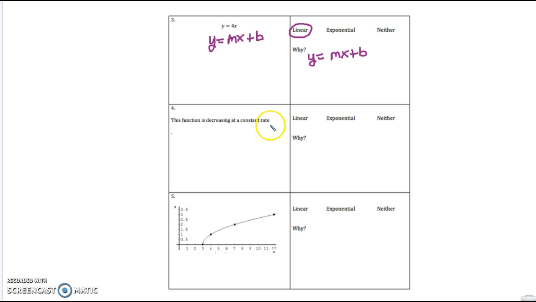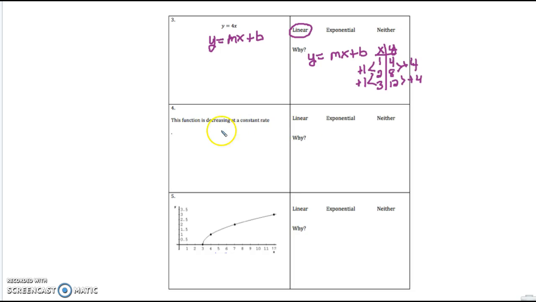Exponential only happens when our x is an exponent. And if you wanted to prove to me, make a table. Show that if you plug in 1, 2, and 3, you're going to get 4, 8, and 12, and plus 4, plus 4. That's linear right there. We're adding to get to the next number.